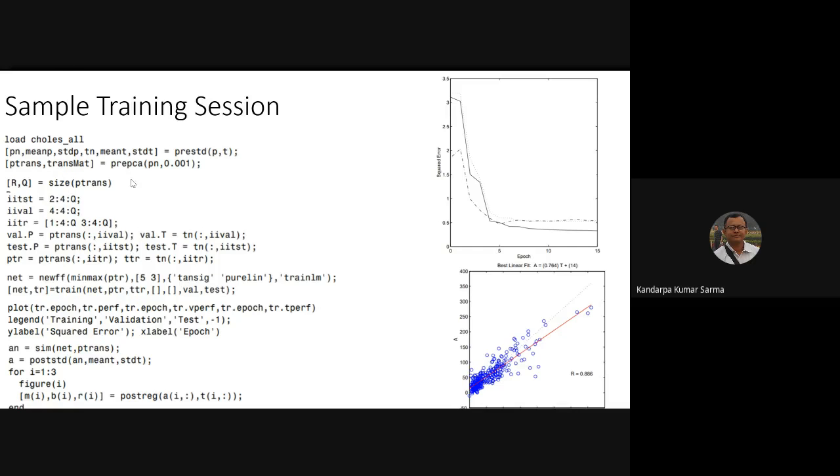So similarly, we have reinforced the PCA part, since we are not sure about the features that will be good for classification of this cholesterol data. Then we want to know the size of the data sets that are generated post pre-PCA.